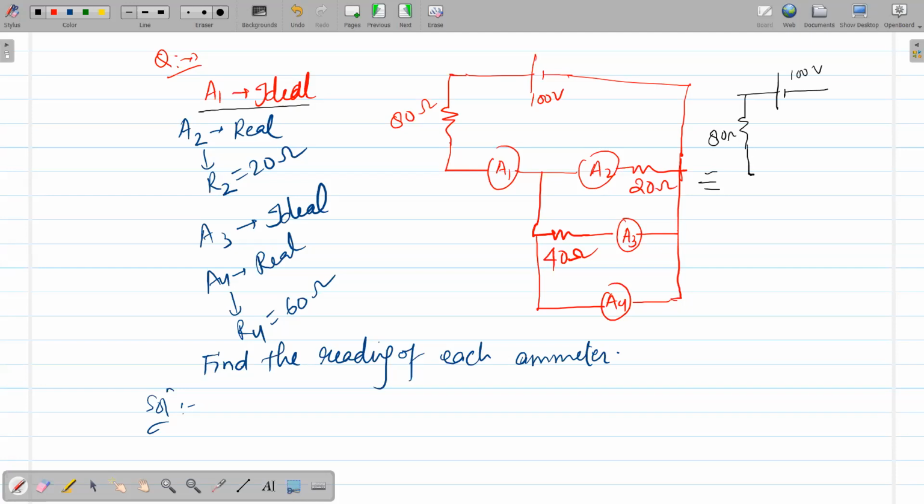Here we have this circuit. 40 ohm. A2 is 20, 40 ohm. And then A4 is 60, 60 ohm.